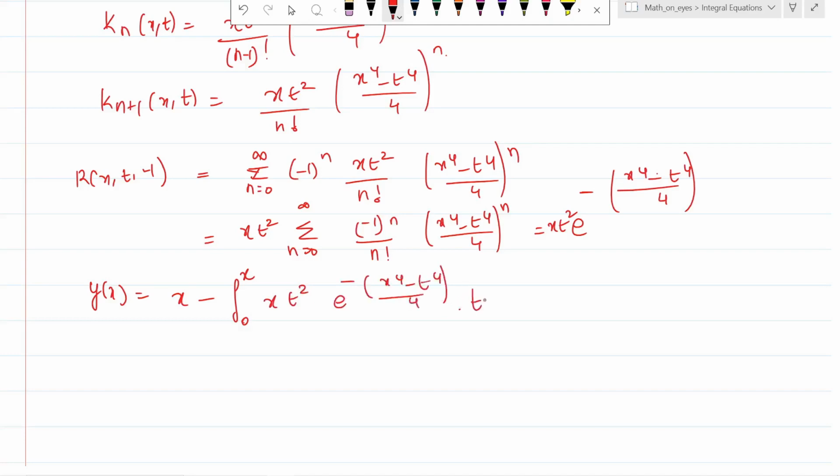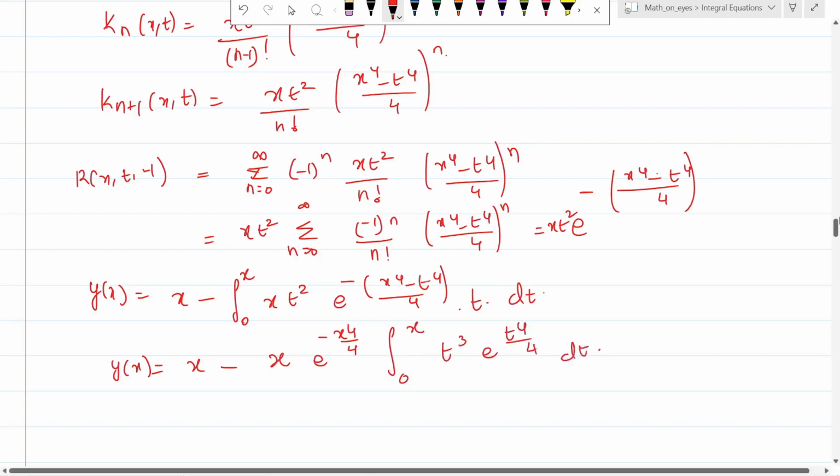F of t is t into dt. So we have y of x is equal to x minus, terms independent of t can be taken outside. You can take x outside. You can take e to the power minus x power 4 by 4 outside. So you'll be left with integral 0 to x t cube into e to the power t power 4 by 4 into dt.